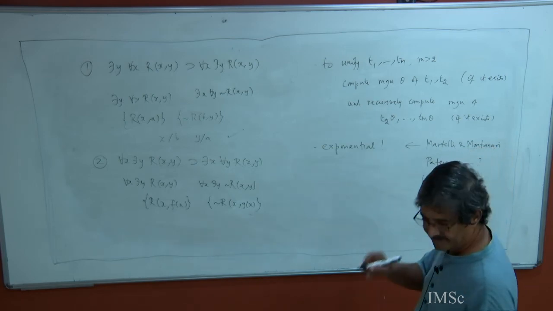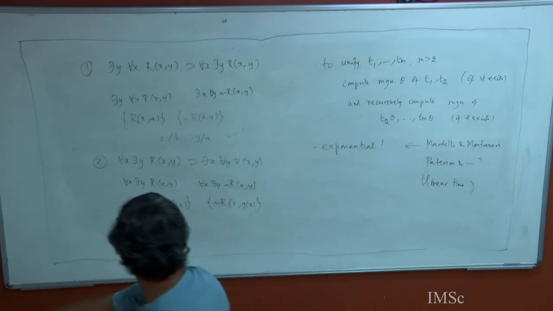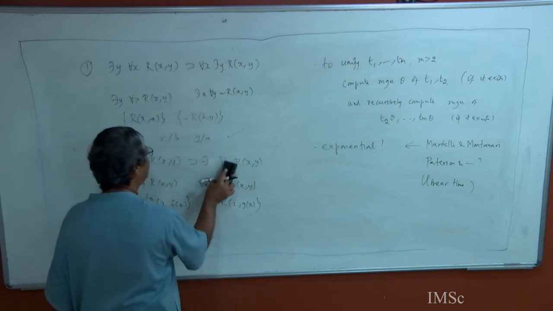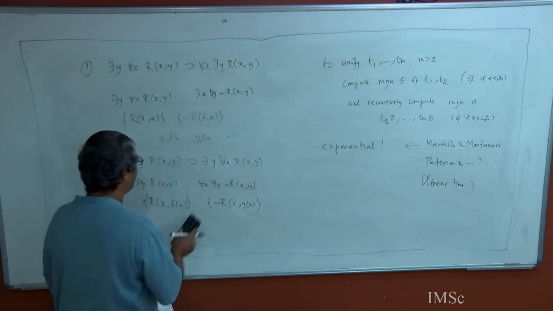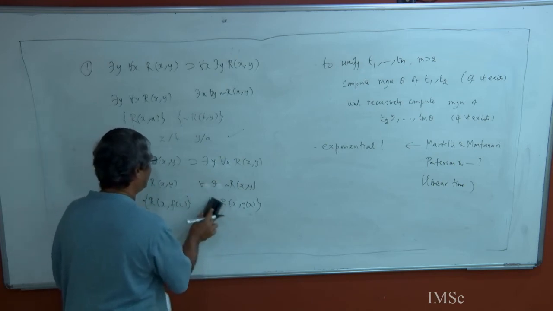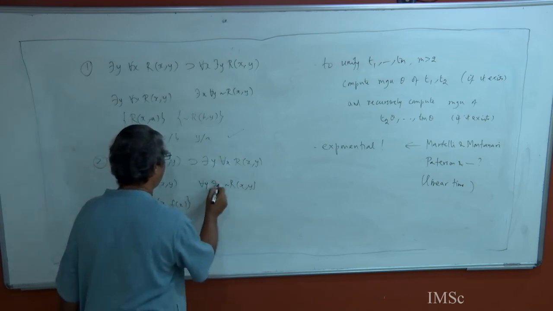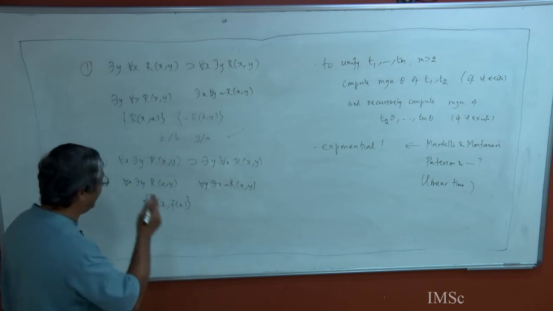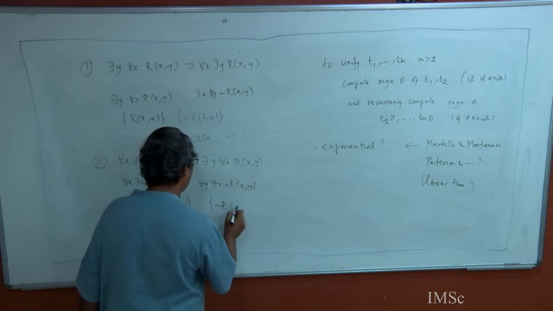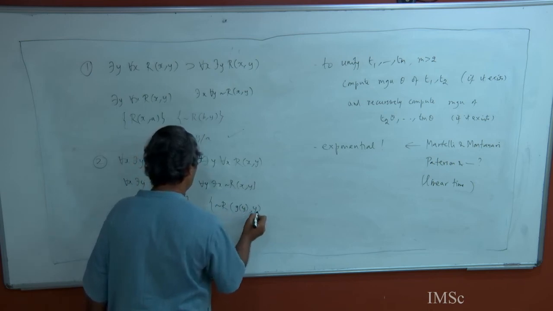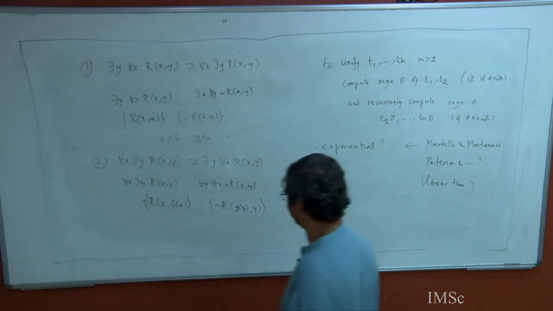What have I written? Sorry, I screwed up on writing. This is there exists y for all x, and so I should get for all y there exists x. Sorry. So now when I do, I will get not R g of y y.